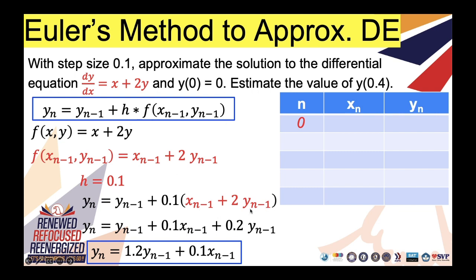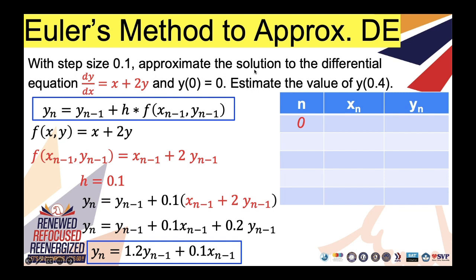So this one is the resulting dE coming from this. Distributing 0.1 to both terms, we now got this. And since we have two similar terms, we can just simplify it as 1.2 times y sub n minus 1.